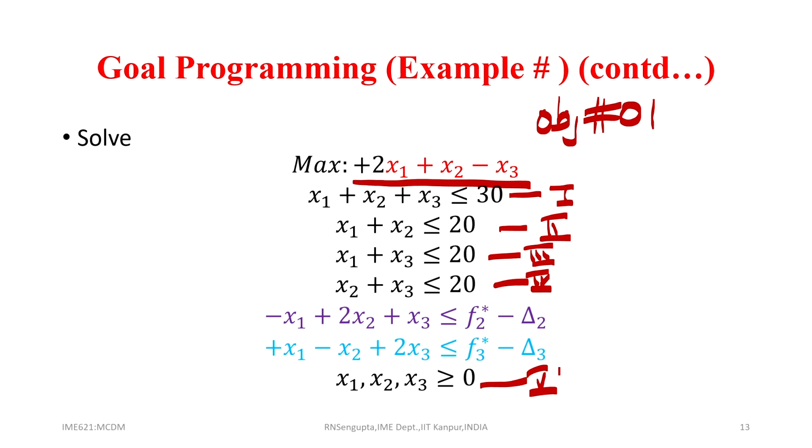Now, the violet and the blue ones are the corresponding objective functions 2 and 3 being brought into the constraints. The objective function is a maximization problem. We have solved them individually and found the values for each: f 1 star, f 2 star, f 3 star was 40 respectively for all the 3 cases.